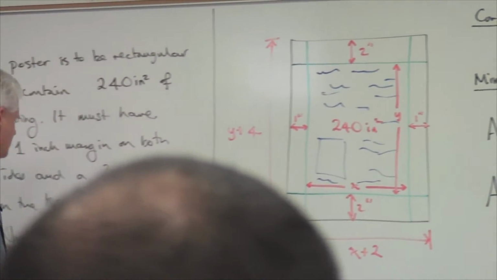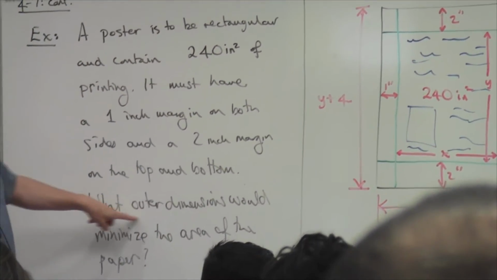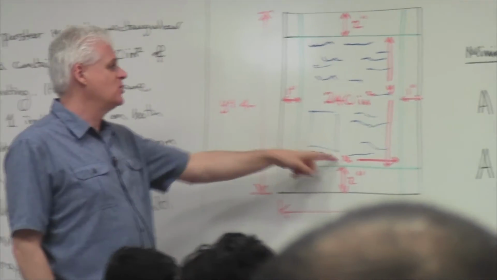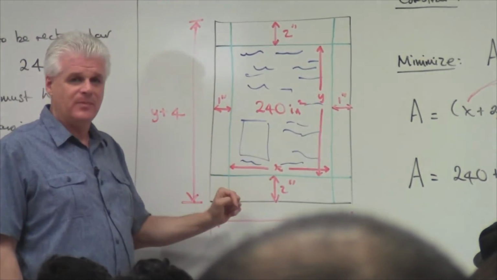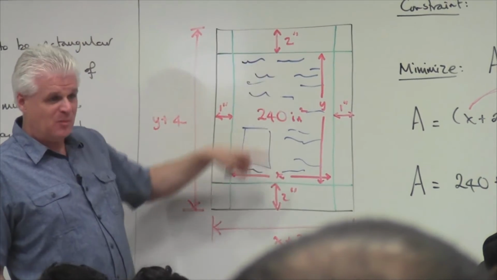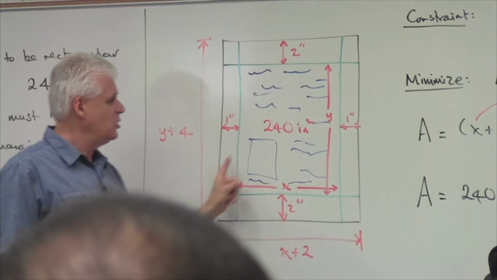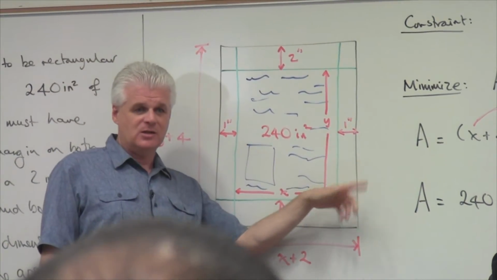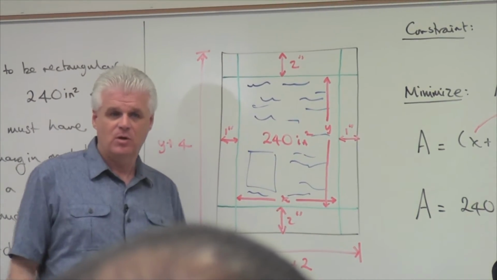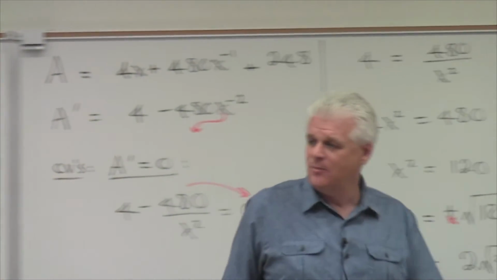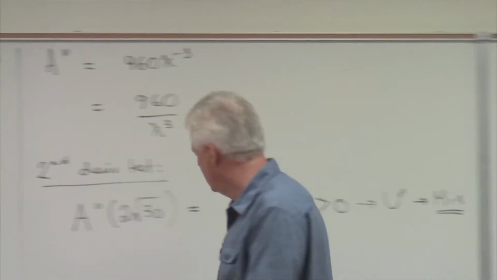It asks what are the dimensions of the outer, in other words, the paper itself. So what do I have to do to my x and y answers once I've got them? Yeah, I need to add my margins in. I need to add 4 inches of margins to the vertical and 2 inches of margins to the horizontal, don't I? To get the final answers for the paper. So we're pretty much done with the hard part. It's just a bit of bookkeeping now, but we're almost done.